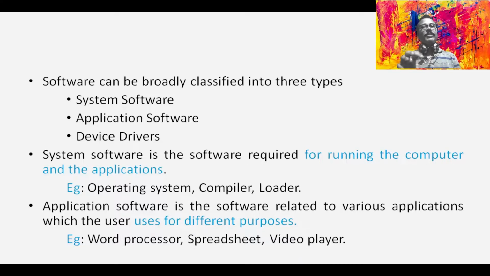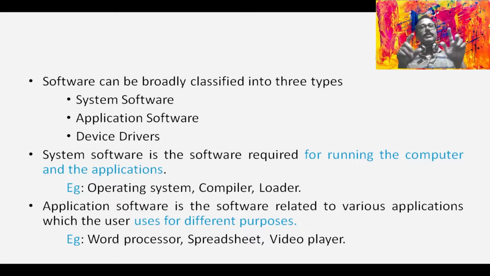Examples are word processor, spreadsheet, video player, etc. A word processor allows you to type programs or any text. And then you have other kinds of processors or editors also, so you can edit images, edit videos, etc. All those come under application software.